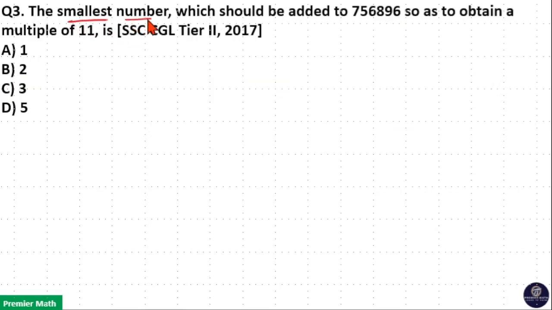The smallest number which should be added to 756896 so as to obtain a multiple of 11 is? To check this, write the number, that is 756896. Now, to check the divisibility of 11, take the sum of digits at odd places, that is 6 plus 8 plus 5.